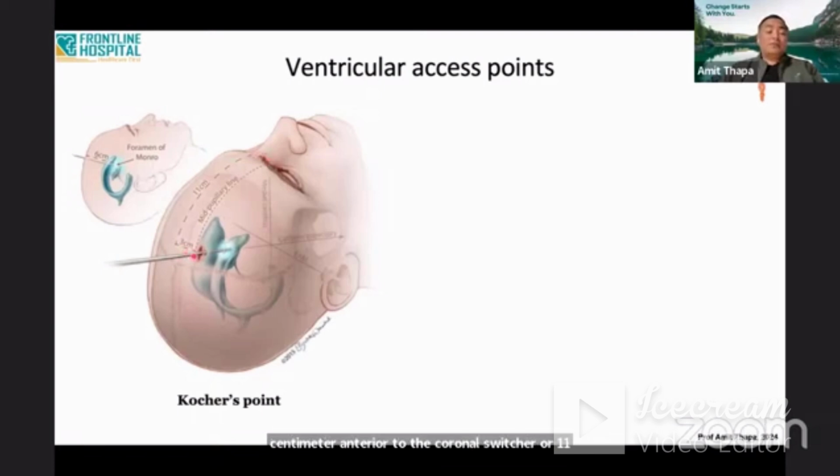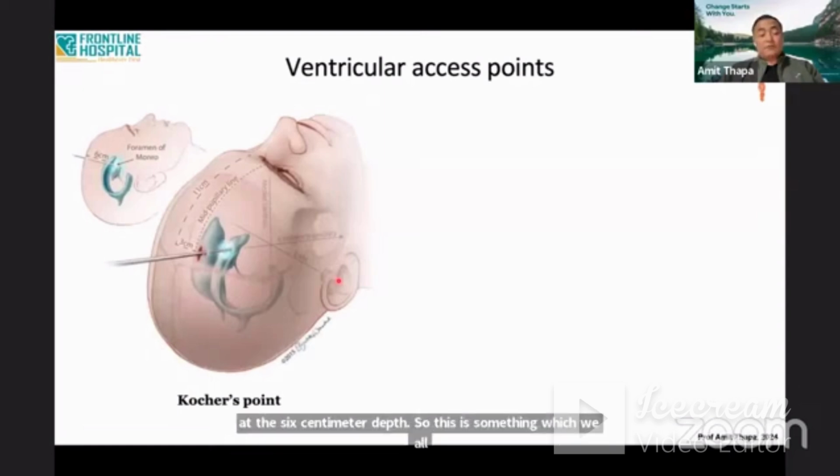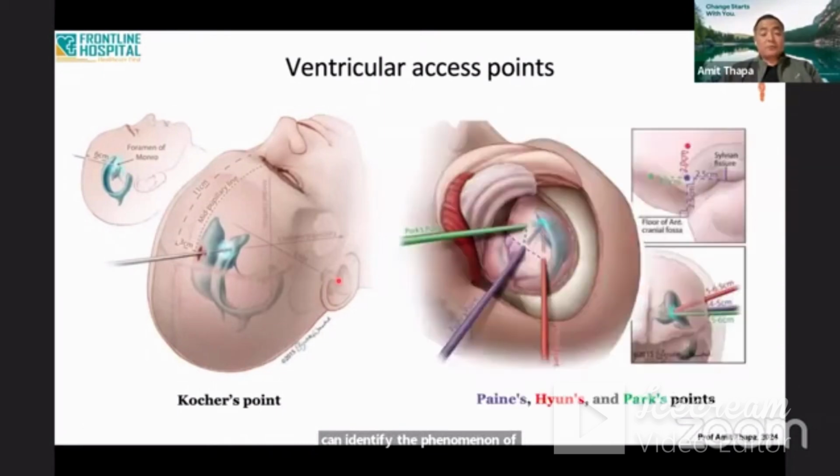And the trajectory is towards the mid-pupillary line, pointing towards the external auditory meatus on both sides. So when we hit using this trajectory, the frontal horn will be hit at 6 centimeter depth. So this is something which we all can identify, the foramen of Monro, while doing an EVD tap using a Kocher's point.